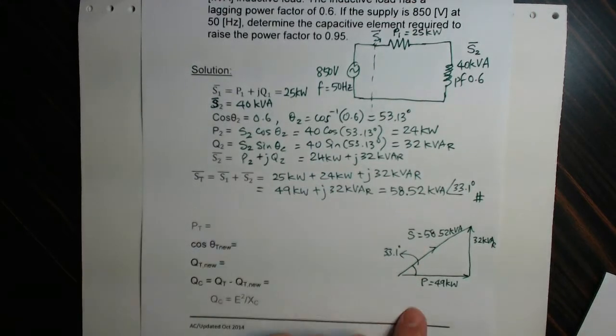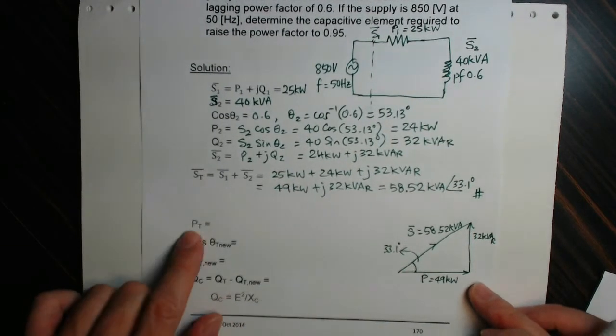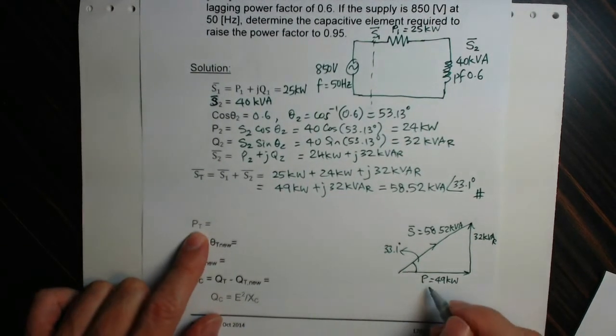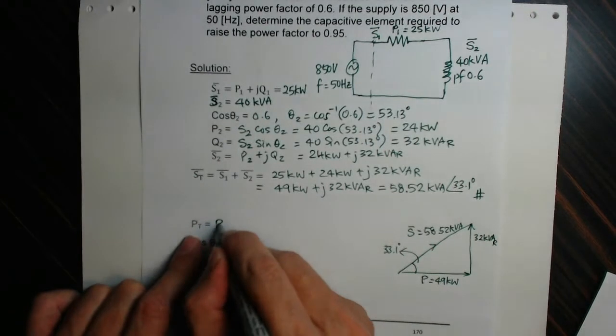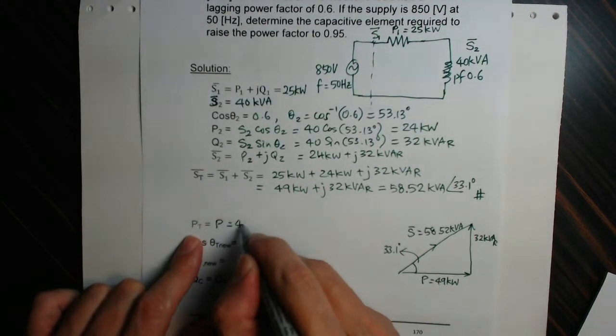So this is the existing power triangle, but we want to improve the power factor. The real power is still the same, equal to 49 kilowatt, it doesn't change.